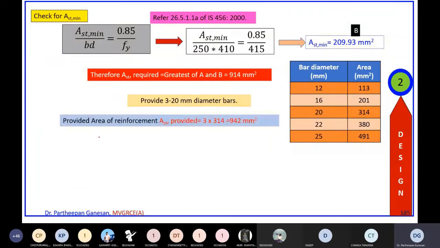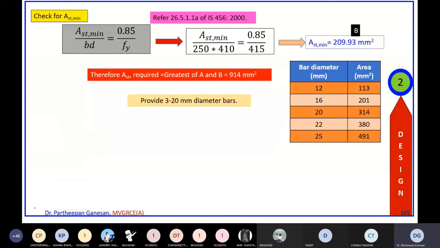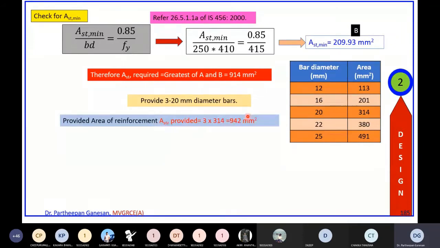So the provided area of reinforcement AST: I have provided 3 numbers of 314, that is 942 millimeter square, and I can find the percentage of AST provided also.